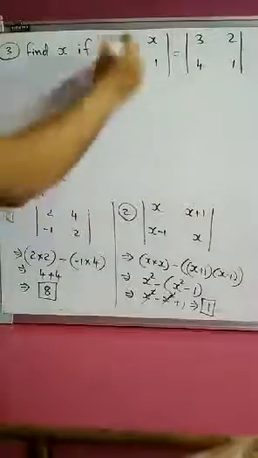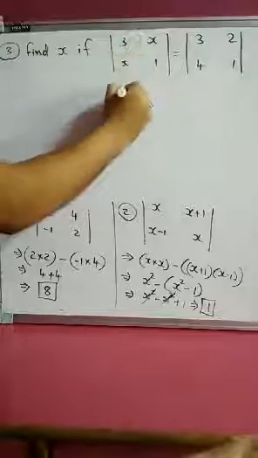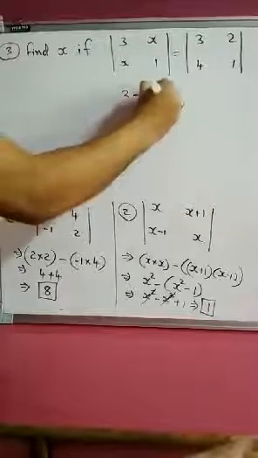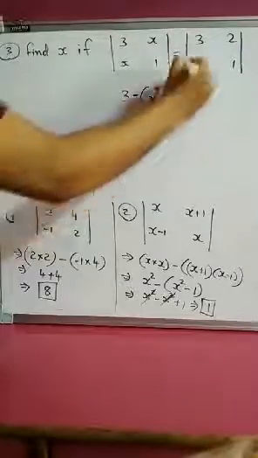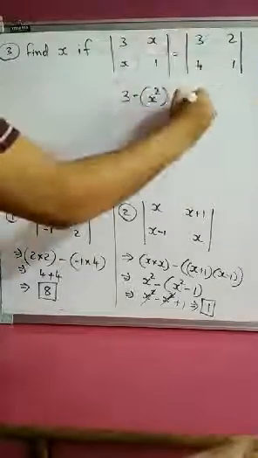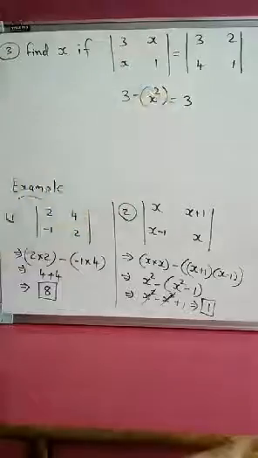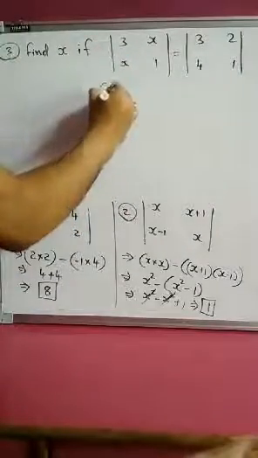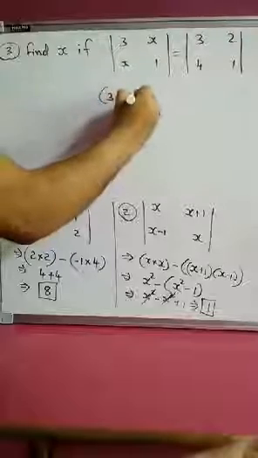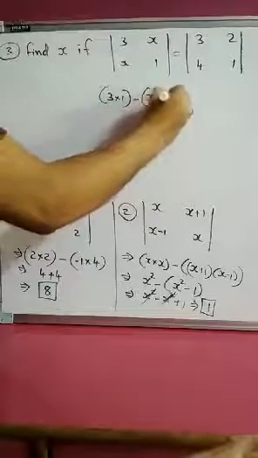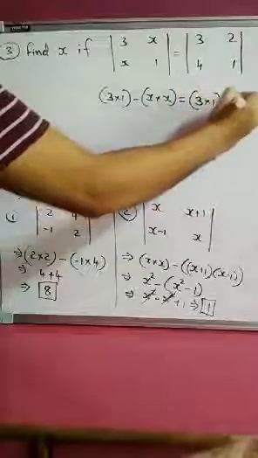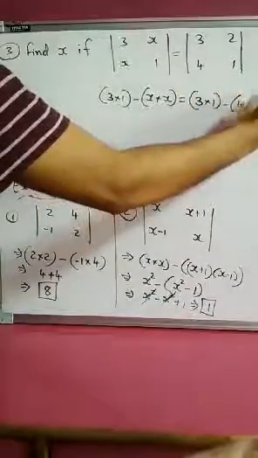This is already given, that both determinants are equal. So what we will do is find their values. 3 into 1 is 3, minus x into x is x square, is equal to 3 into 1 is 3, minus 4 into 2 is 8. Or else I will write this in a more descriptive way: 3 into 1 minus x into x equals 3 into 1 minus 4 into 2.